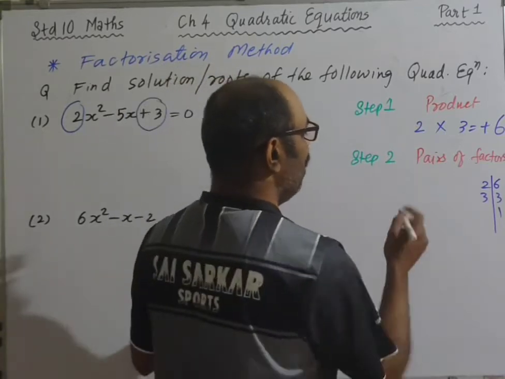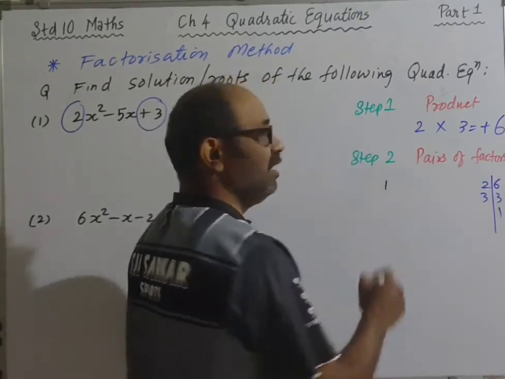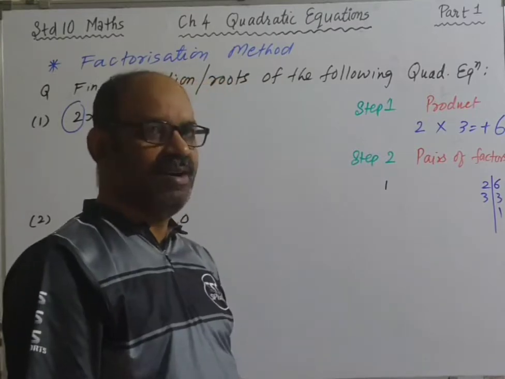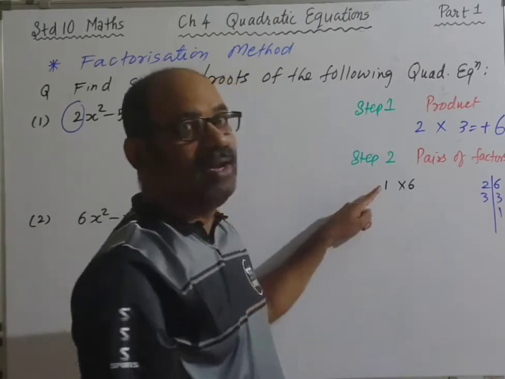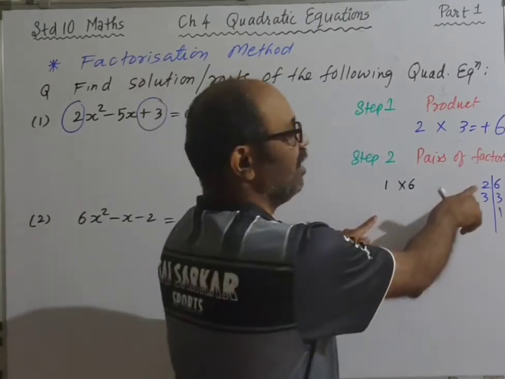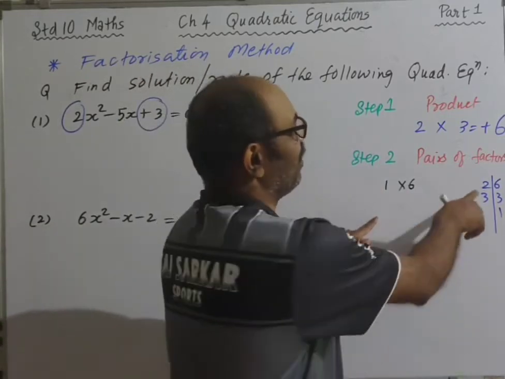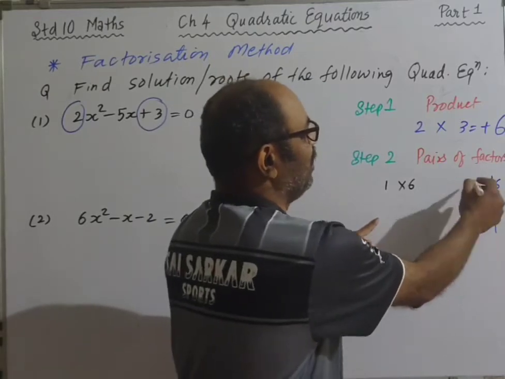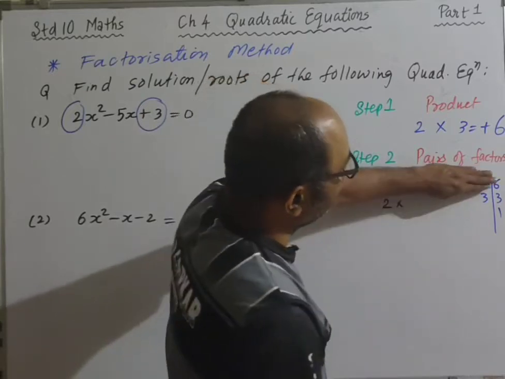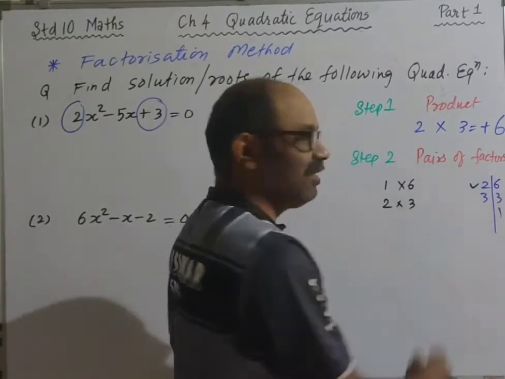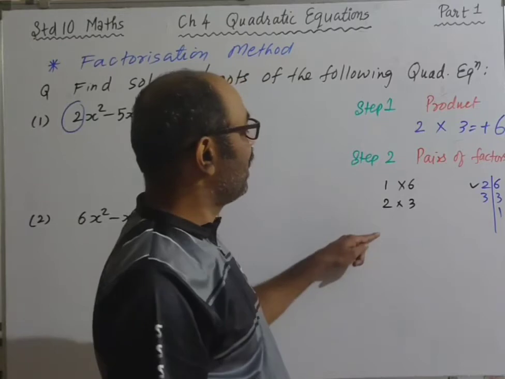Yes, 1 is a factor of every number. So 1 into what is 6? 1 6s are 6. After 1, check whether 2 is a factor. Since we found the prime factors, you can find out very easily. Yes, 2 is a factor. So 2 into what will give you 6? 2 3s are 6. That's it.